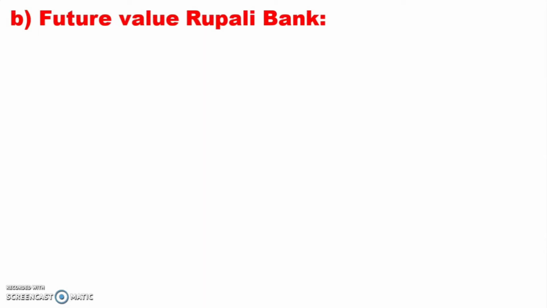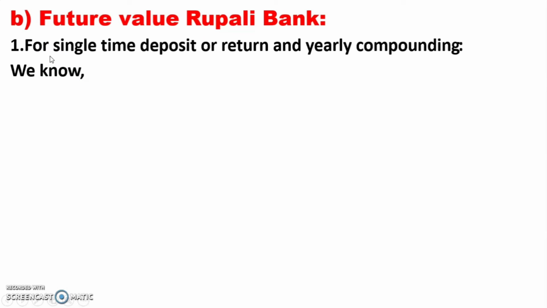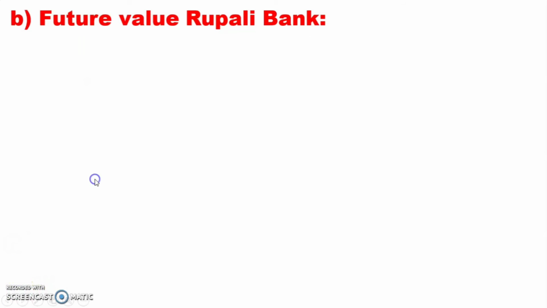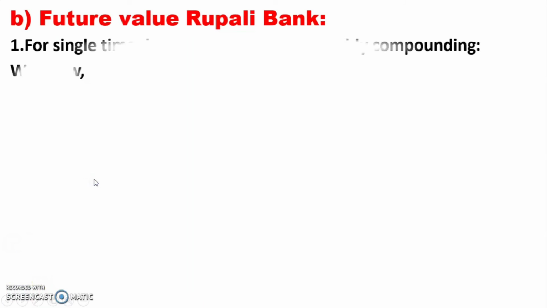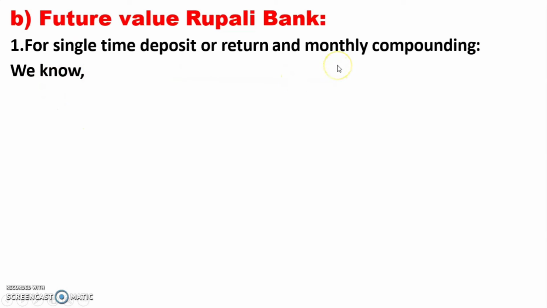Now we will solve the other requirement, future value of Rupali Bank. This is also single deposit or return basis. The compounding is monthly compounding for single deposit or return. So the future value will be PV into (1 plus I divided by m) power m into n.